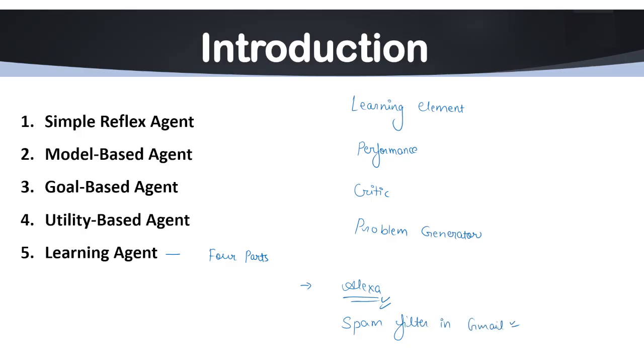It learns from new spam mails to block better. And third example can be your Netflix and YouTube AI. As you can see, YouTube AI and Netflix AI learn what you watch and suggest better recommendations. So all these are the examples of learning agents.